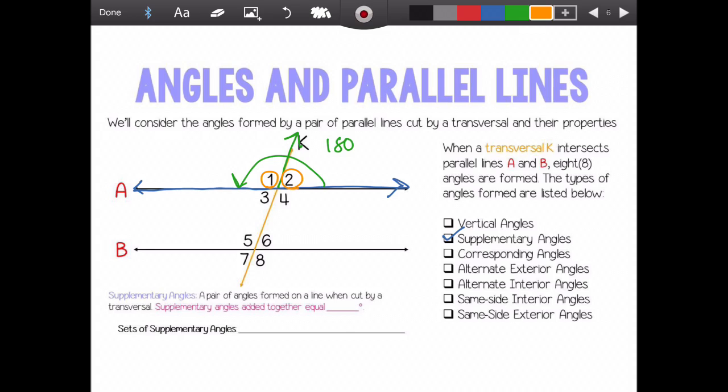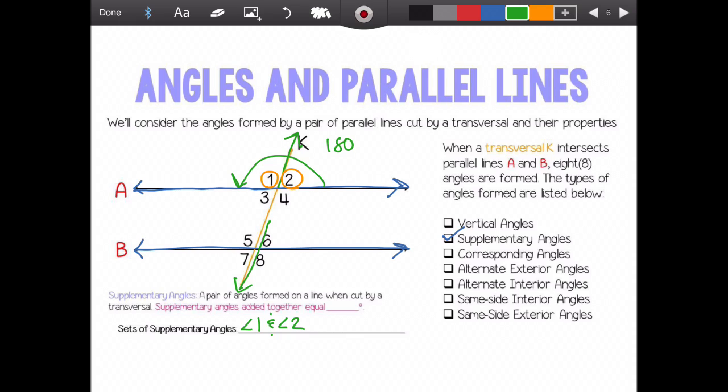So one pair would be angle 1 and angle 2. Another one could also be, even if we look at line B down here, it has done the same thing. The transversal cut through this way.